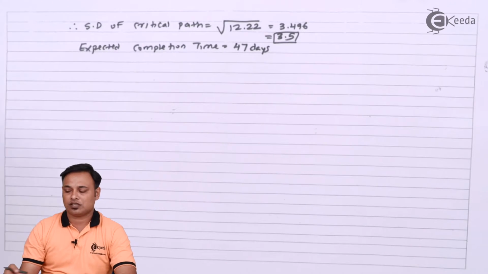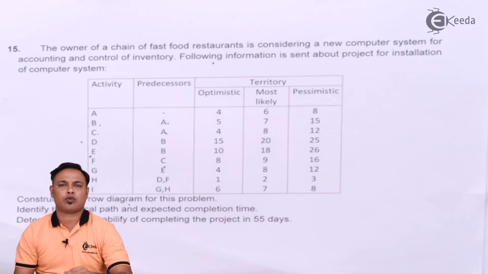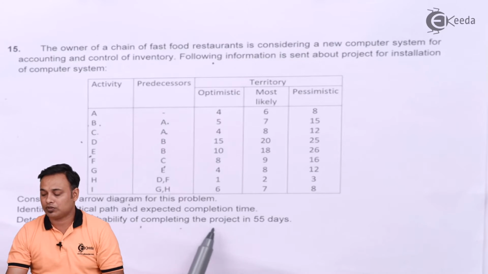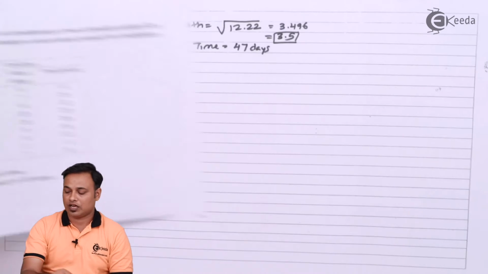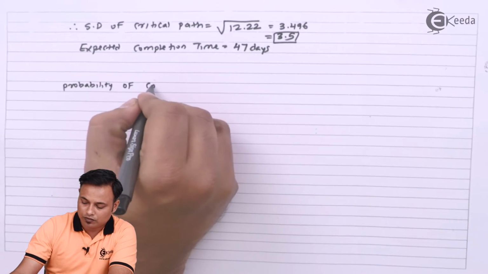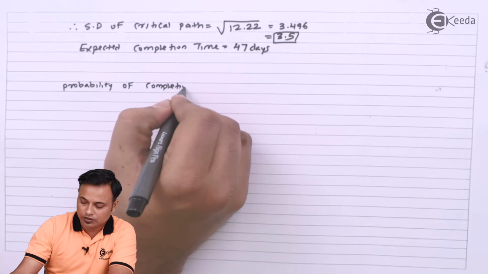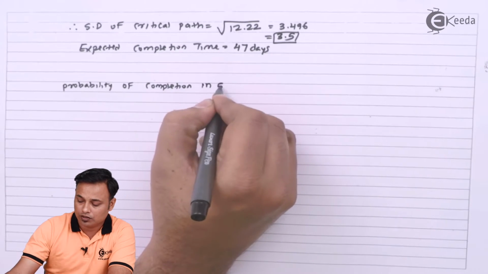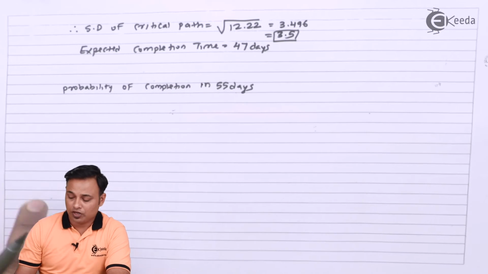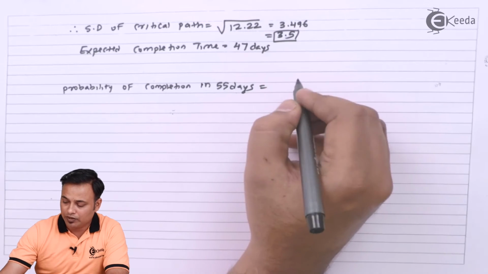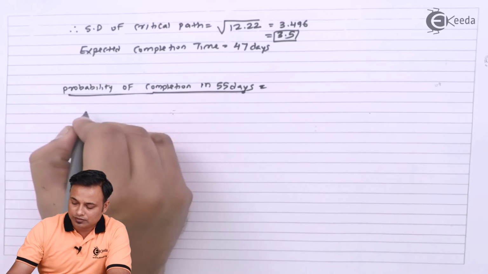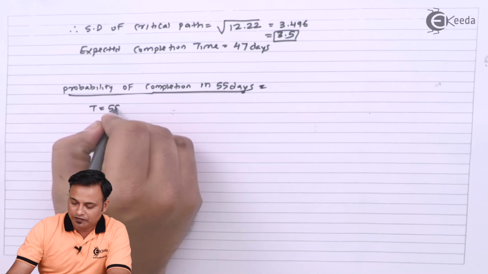And now we are asked the final part in the problem: what is the probability of completing the project in 55 days. I'll take my target time as 55 days.